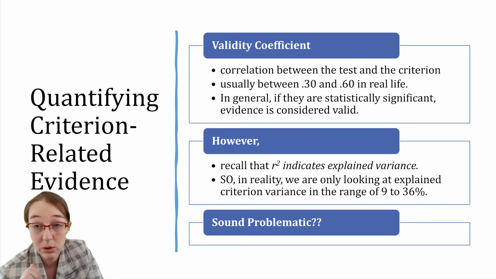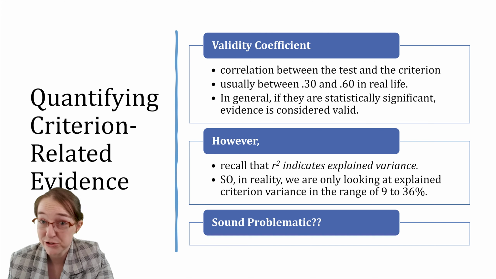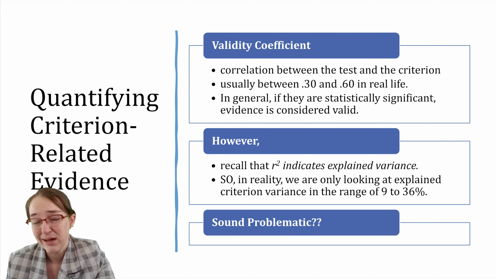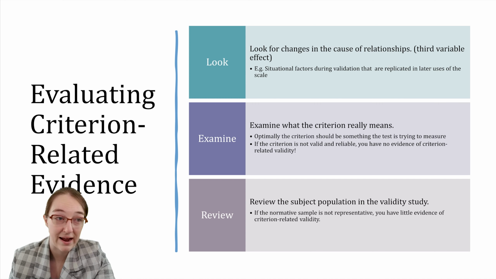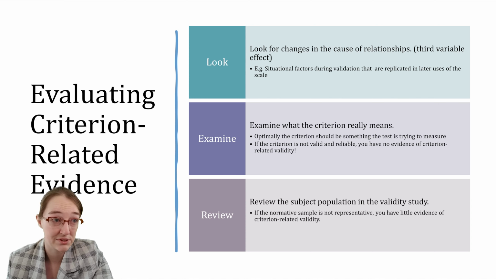It can sound a little problematic if you think about it for a bit, but not too hard. But it depends on the construct. And so be familiar with the literature in your area to know if that R squared is big or small, because it depends. So for how to evaluate criterion-based relationships.